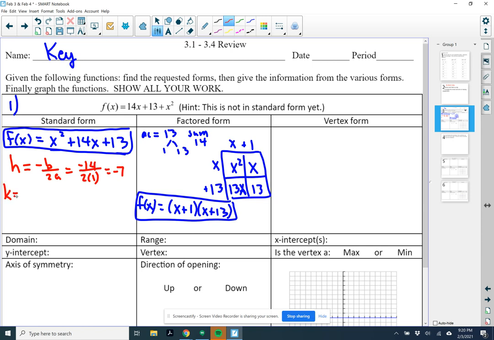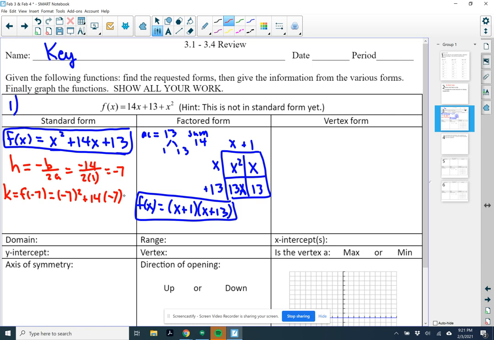To get the y coordinate of the vertex, we just plug the negative 7 back into the function f. So everywhere there's an x, I replace it with a negative 7. We have negative 7 squared plus 14 times negative 7. Oops, negative 7. 14 times negative 7.